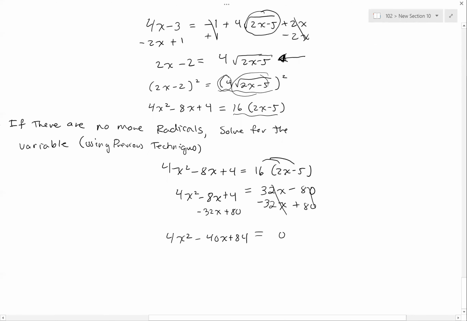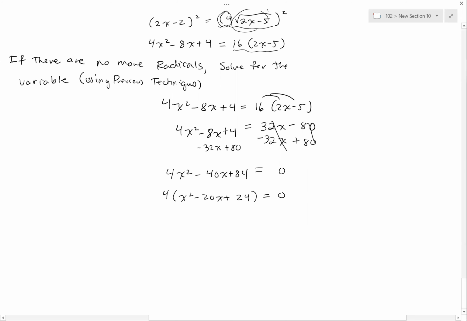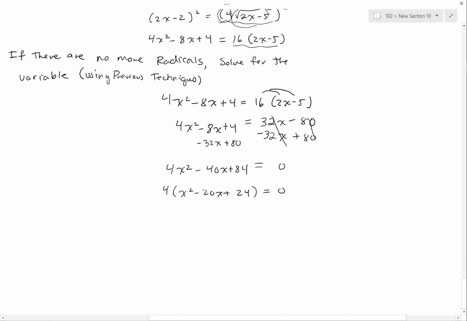So if you had divided both sides of that equation by 2, we're going to end up with an equivalent equation here, just with smaller coefficients. The difference is here I can factor out a 4. The first step in solving by factoring is the GCF. And then we continue factoring.